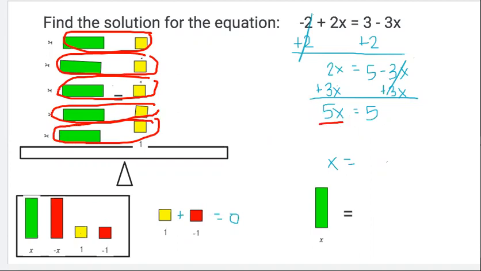So divide by 5, divide by 5. So now what does 1x equal? 1 green one equals 1 yellow one. So that is just positive 1. I know x equals 1.